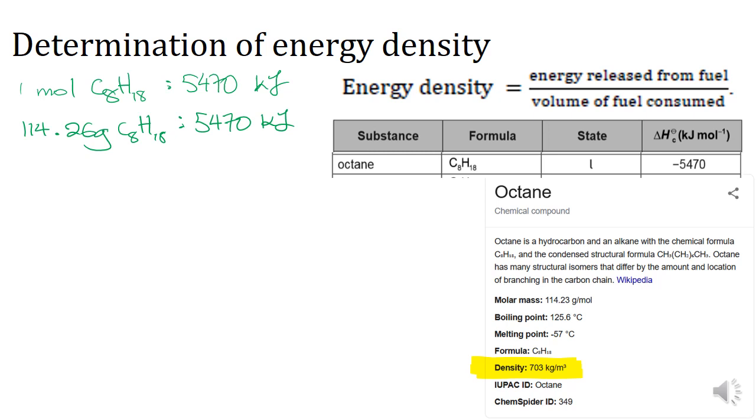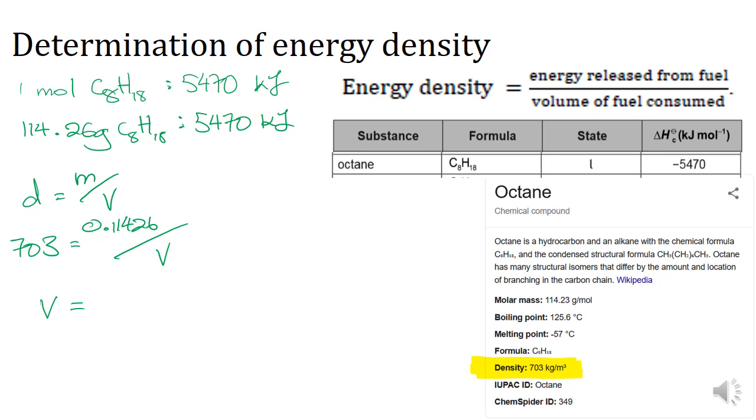So, density is mass on volume. We are told that it is 703 kilograms per cubic metre, so I need to convert the mass to 0.11426 kilograms divided by volume. So you multiply both sides by V and then divide 0.11426 by 703.